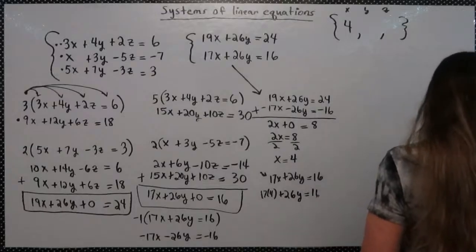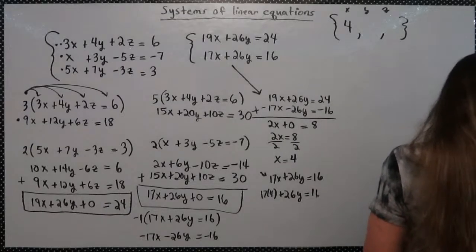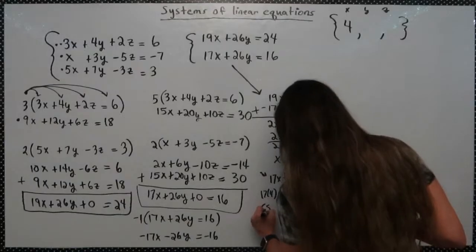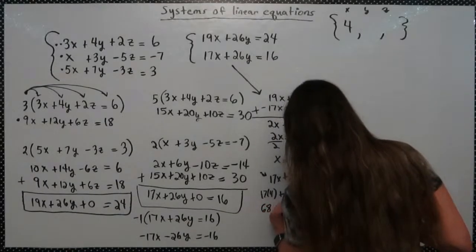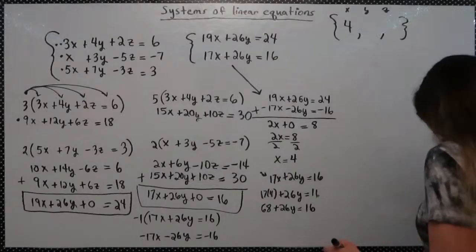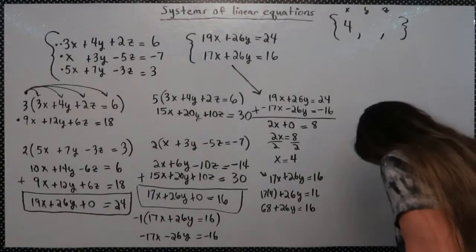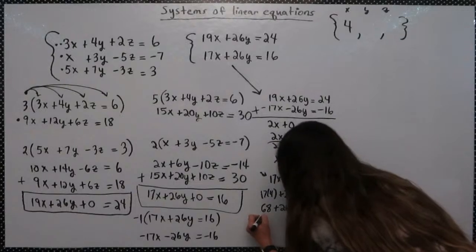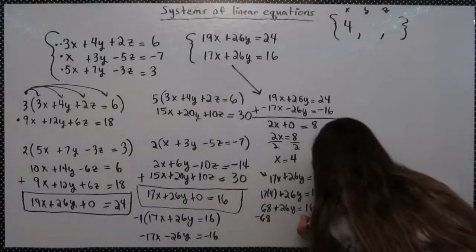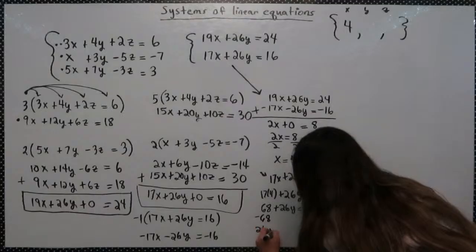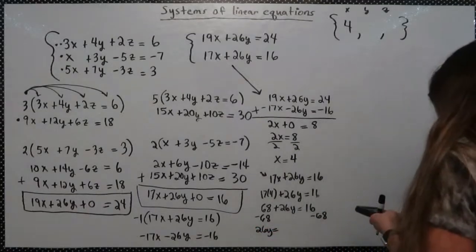17 times 4 is 68, plus 26y equals 16. And now we're going to subtract off the 68 from both sides. And so it's going to give me 26y equals, what is 68 minus 16?